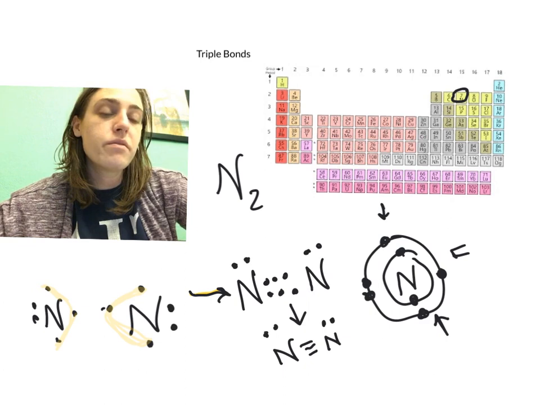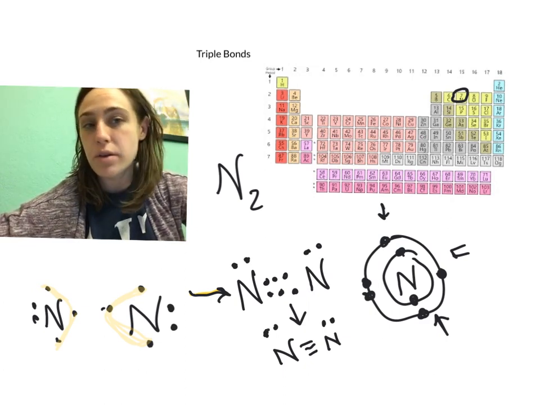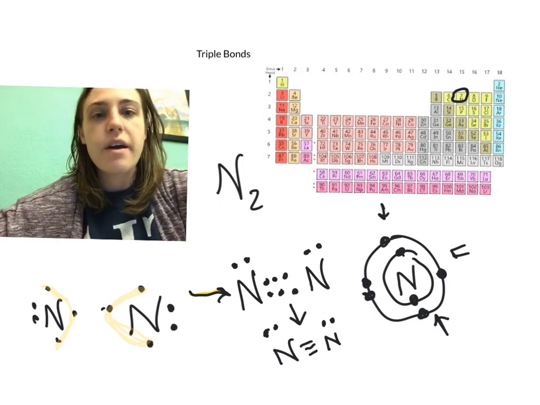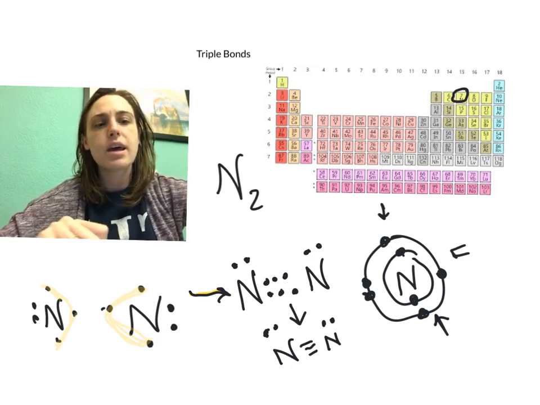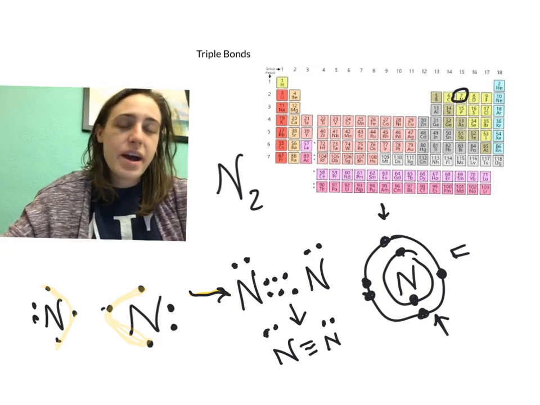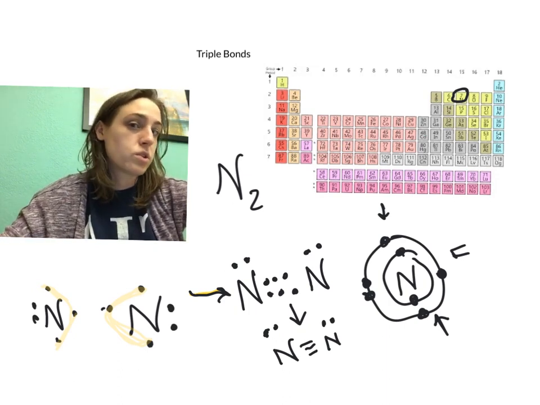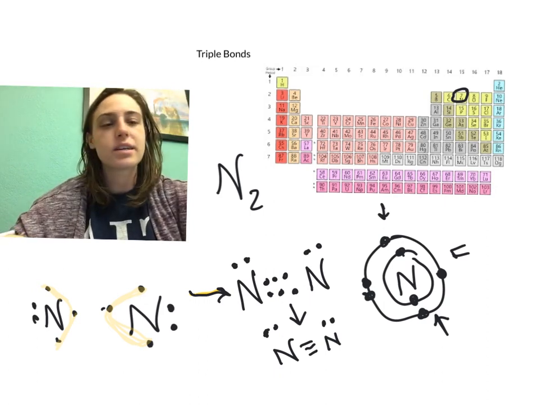Now, count up the valence electrons just to make sure it adds up, keeping in mind that every time you see a line between 2, you count that as 2. So if I want to double check my work as I'm making these Lewis dot diagrams, and again, I'm going fast, I know that. I'm not going to ask you super intensely about double and triple bonds. I just want to show them to you. I might ask a couple, but I'm not going to test a ton on it.